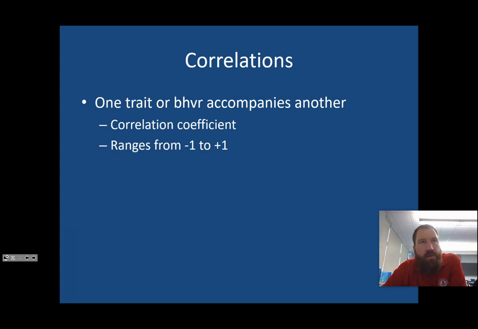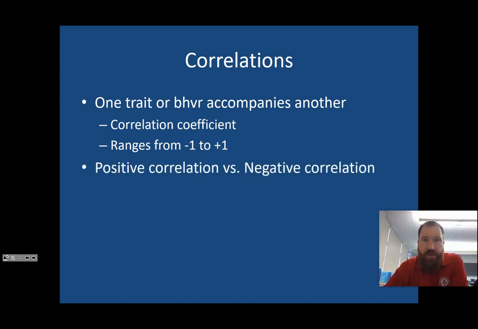So let's think of an example. If I ask you what is the relationship between height, how tall someone is, and how much they weigh, you can probably guess that as people get taller, they tend to weigh more. Sure, there might be outliers, but in general, as people get taller, they tend to weigh more. That is what we call a positive correlation, okay?